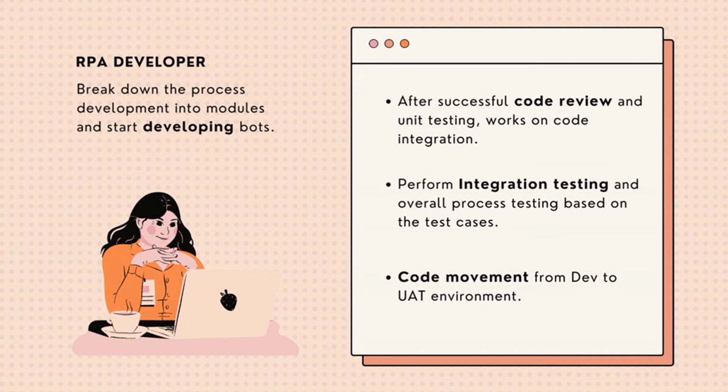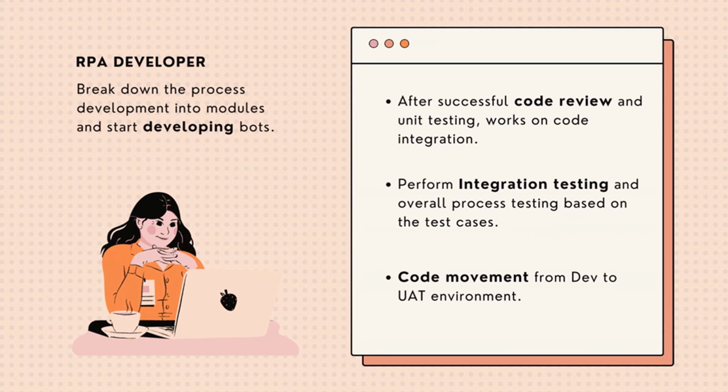After successful code review and unit testing, the developer works on the code integration part. So you begin your development work and finish the modules assigned to you, whether you are working within a team or are an individual contributor. Accordingly, you work on the code, and then code review is done either by the senior developer or architect, whoever is available at that moment.